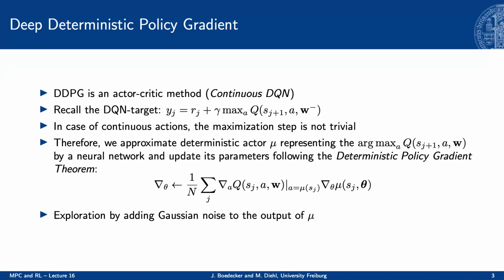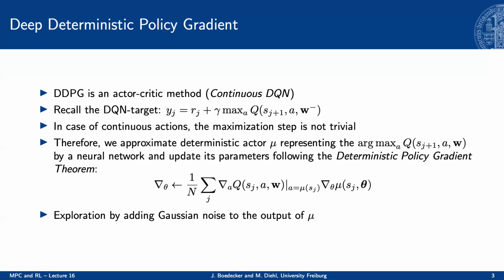Okay, so let's take a look at the update. The gradient with respect to our policy parameters theta is given basically by a combination of terms. First, the gradient of the Q function. That's in the end what we're interested in: how do we need to change our actions in order to get more Q?